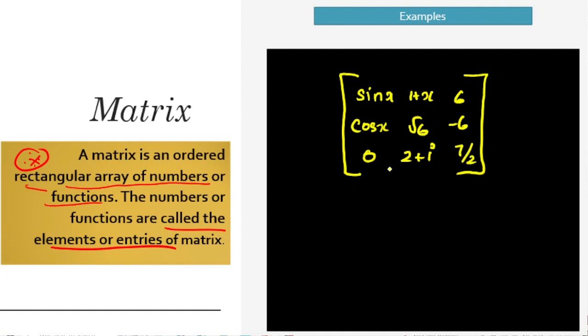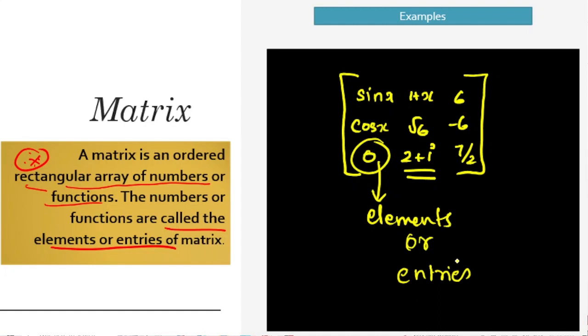So you can have fractions, decimals, or any numbers, functions, anything. The next point is that the numbers or functions are called elements or entries. It can be a number, a fraction, or a function. When you enter something inside, this entered value is called an element. So 0 is an element, cos x is an element, sin x is an element, 1 plus x is an element, or they can also be called entries. Clear? That is the given information there.